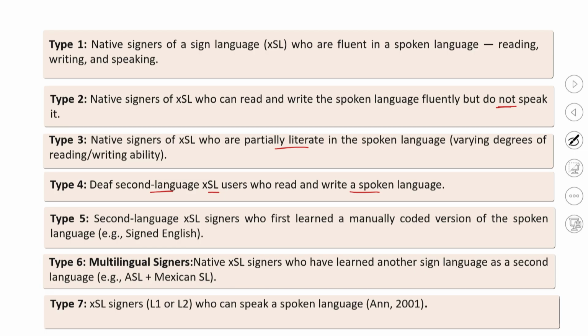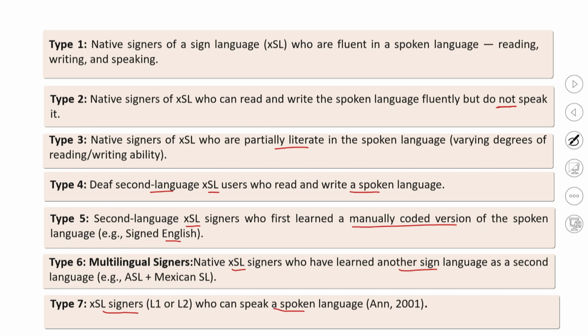And then type 5 is second language XSL signers who first learnt a manually coded version of the spoken language, like signed English. This is a different variety altogether. And then multilingual signers, native XSL signers who have learnt another sign language. And then last but not the least, type 7 is XSL signers, L1 or L2, who can speak a spoken language.